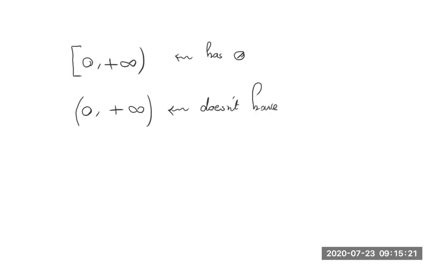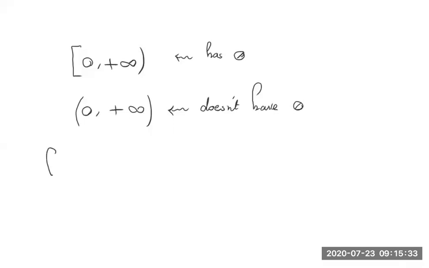It means from 0 to infinity, and it has 0. If we write it like this, it's from 0 to infinity, but does not have 0. These are two different notations, right?